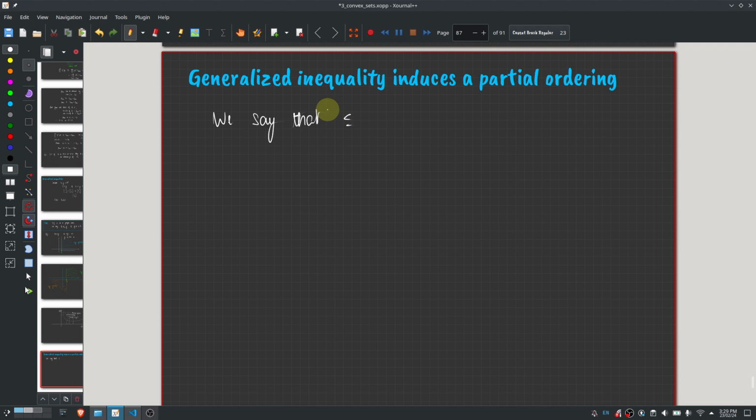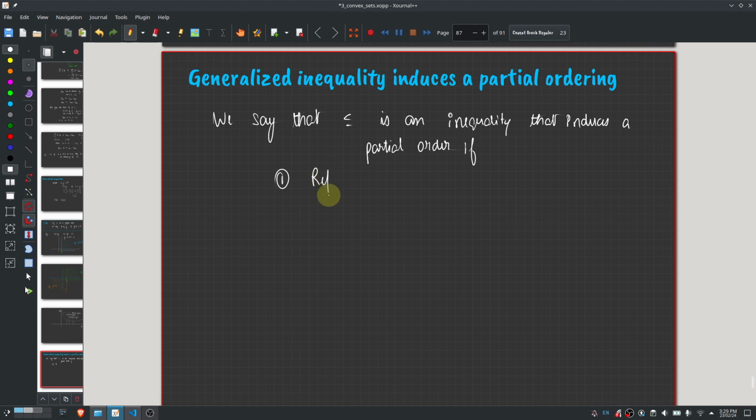It's an operation on pairs of elements, right? So we say that it's an inequality that induces a partial order if the following properties are satisfied.